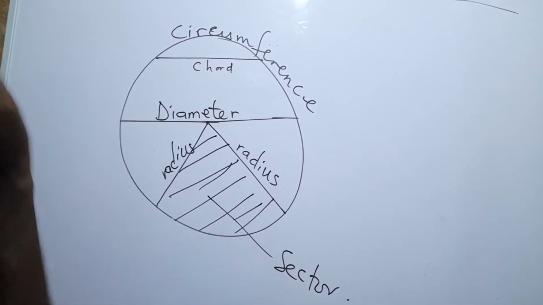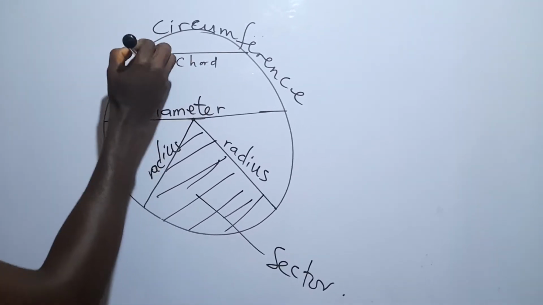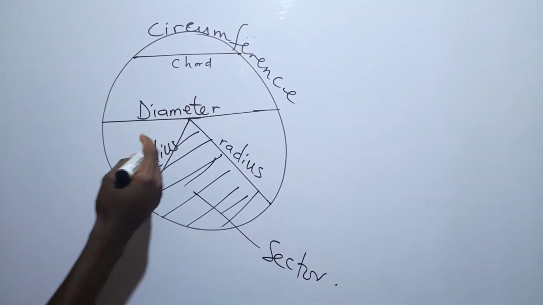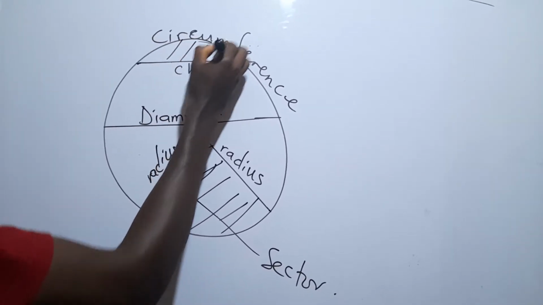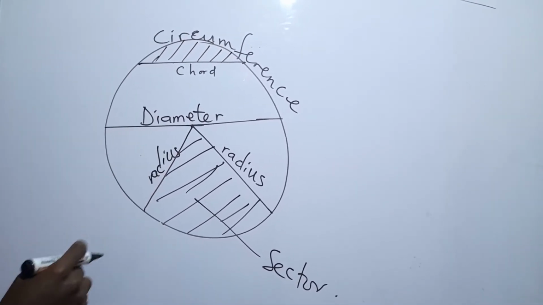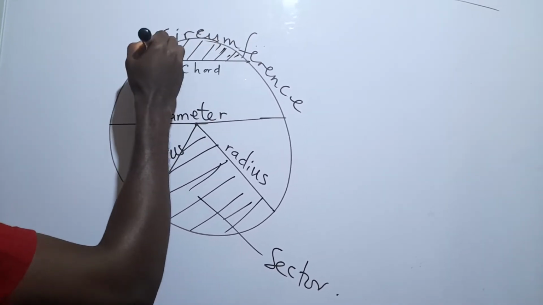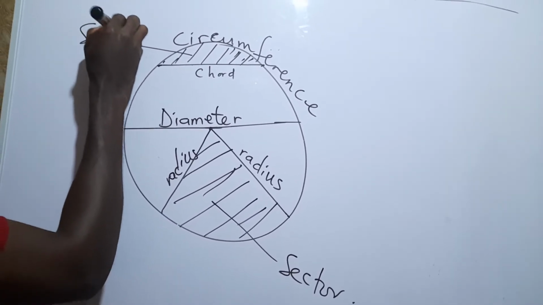Please, the chord will play a very major part in our lesson today, so please take notice of it. Now, the area enclosed by a chord and the circumference of a circle, or an arc, is called segment.